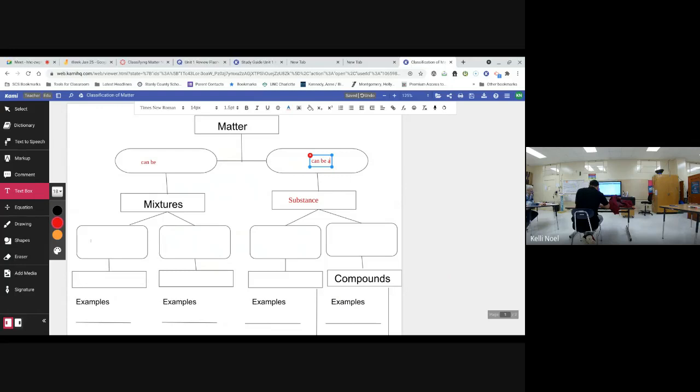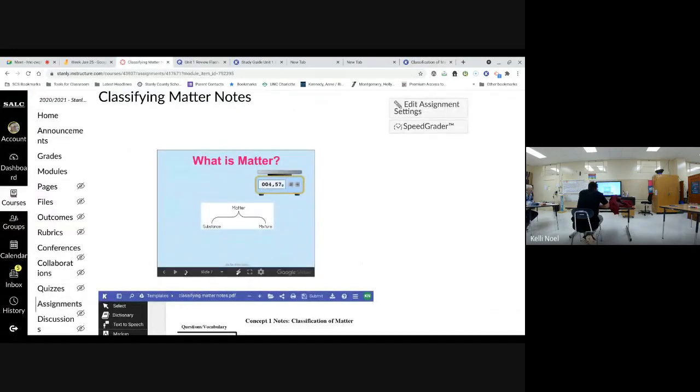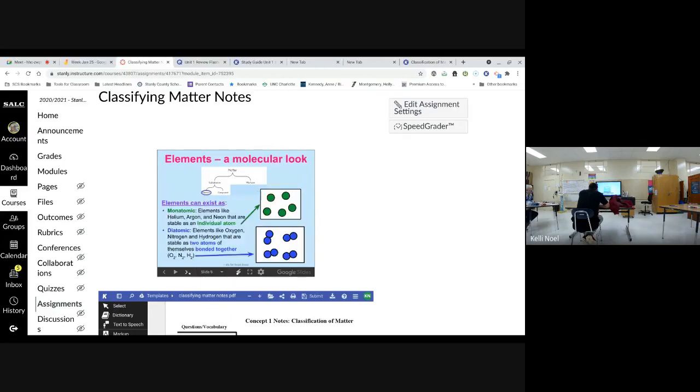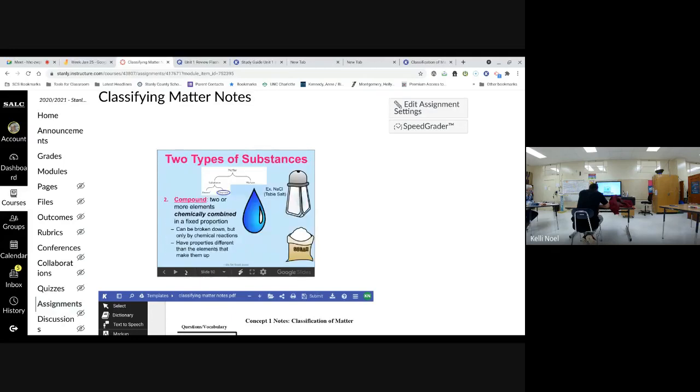All right, now I'm going to deal with substances first because I'm going to keep going back to my PowerPoint. We've got compounds. What was the other example besides compounds? So if we keep going, element, and then we have compound, right?